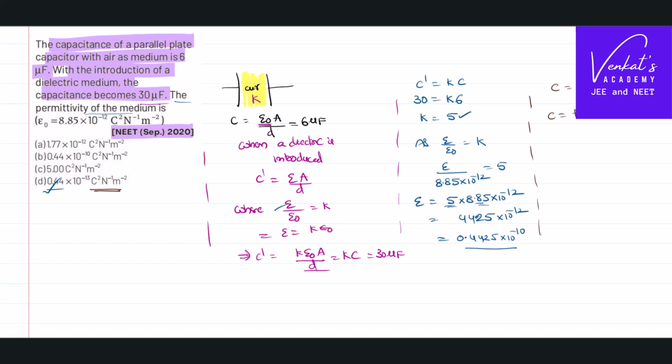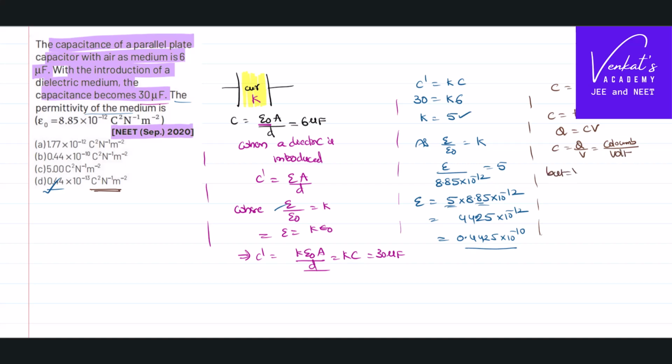How do you get that farad? We have the formula Q equal to CV, so C equal to Q by V. Q is measured in coulomb, V is measured in volt.